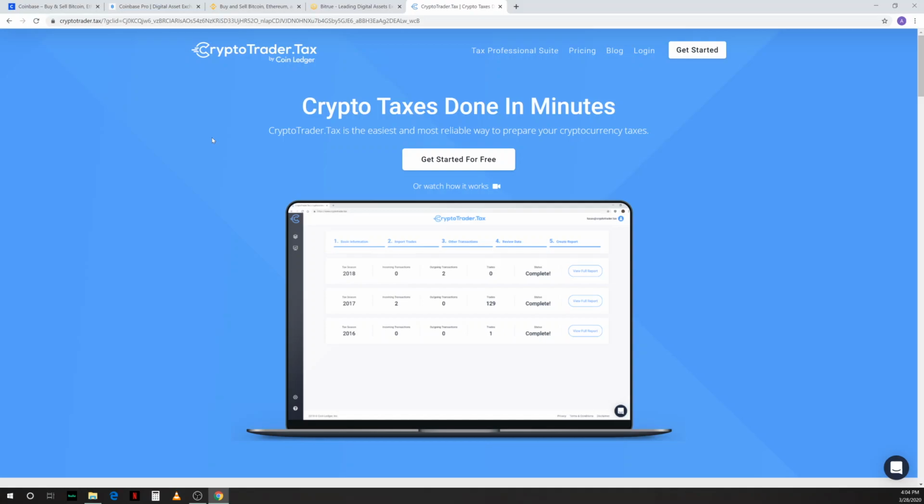So, it's all risky. Everything you do is risky in this game, but I use these platforms. The CryptoTrader.tax, I used it for my taxes this year. Super easy. You can just plug in your accounts straight up to the software, and it does all the math for you.